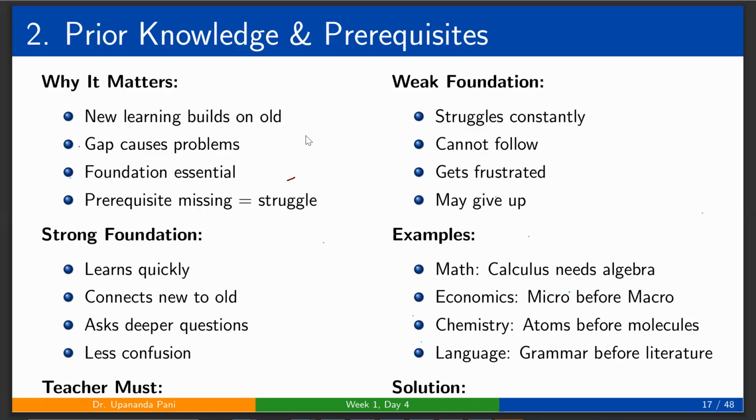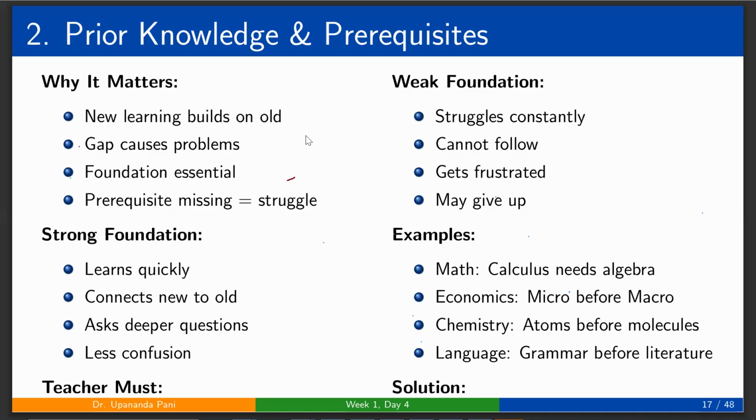Obviously, it comes from your previous knowledge. For example, today's session is dependent on what we did in the last three classes. Then a gap causes problems. Foundation is essential, meaning foundation is very important.